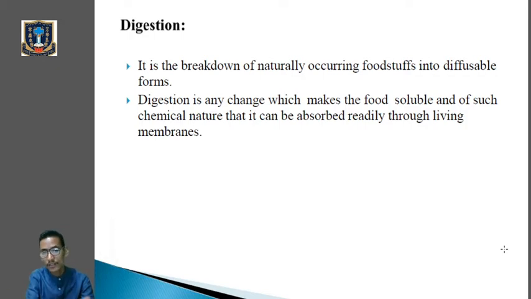We can say that digestion is any change which makes the food soluble and of such chemical nature that it can be absorbed readily through the living membrane. Clear? So this is the proper definition of digestion.